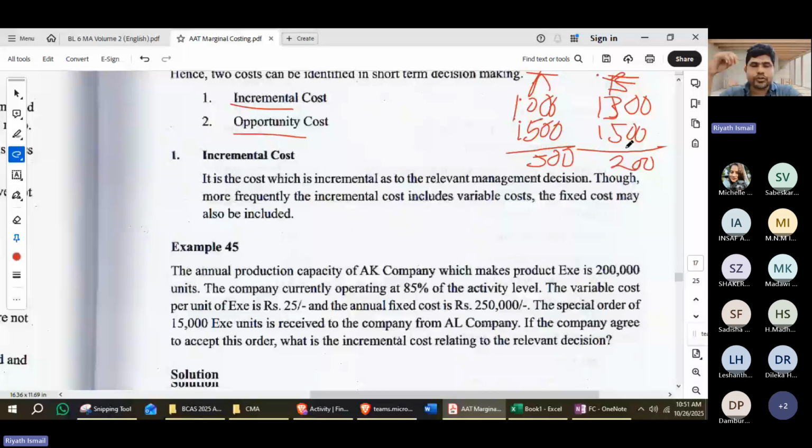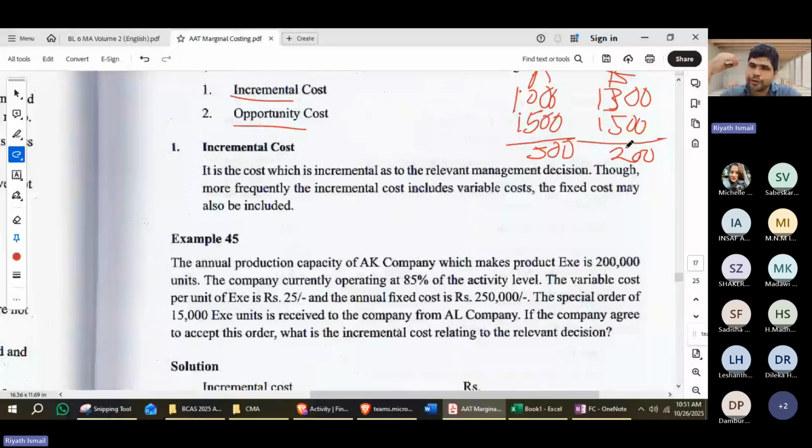When we have very limited options with scarce resources, we have to choose one out of two options, or one out of three. When we choose the best one, we forego another. That benefit we forego by selecting the first preference, that cost is called opportunity cost.